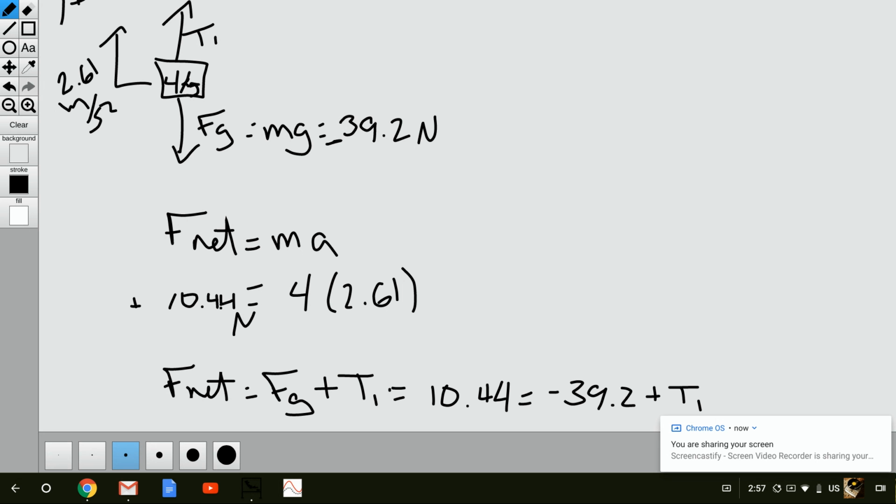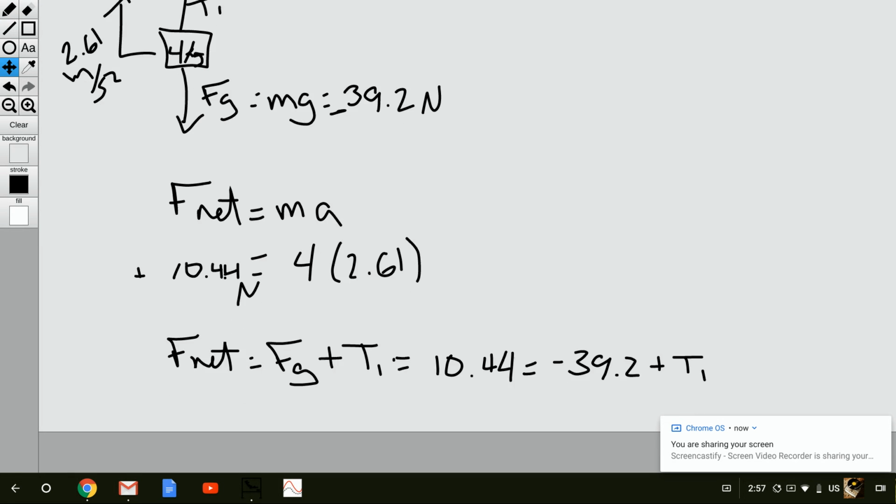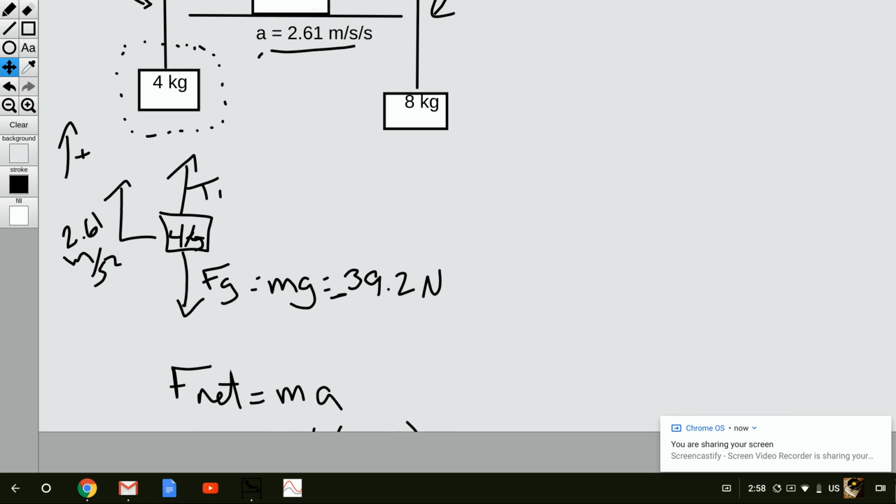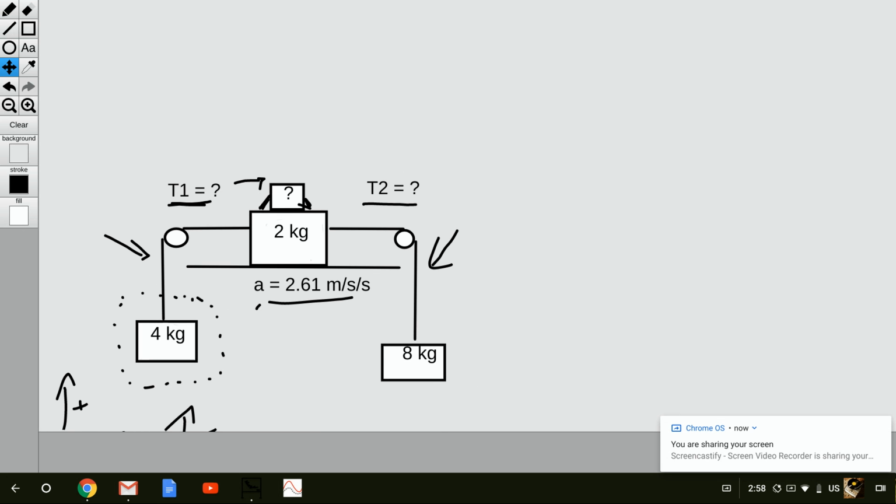So we solve for T1, and T1 comes out to be 49.6 newtons. If we go back up here to my chart, I can go ahead and put in 49.6 newtons right there.